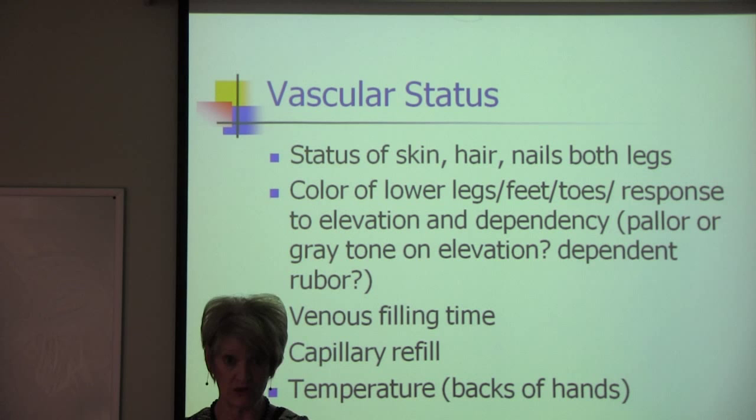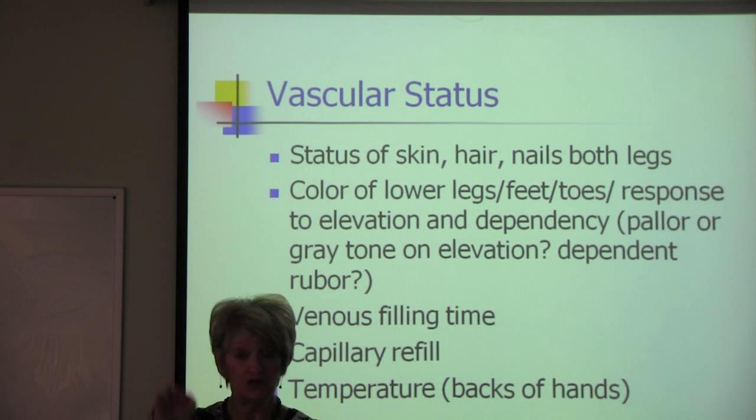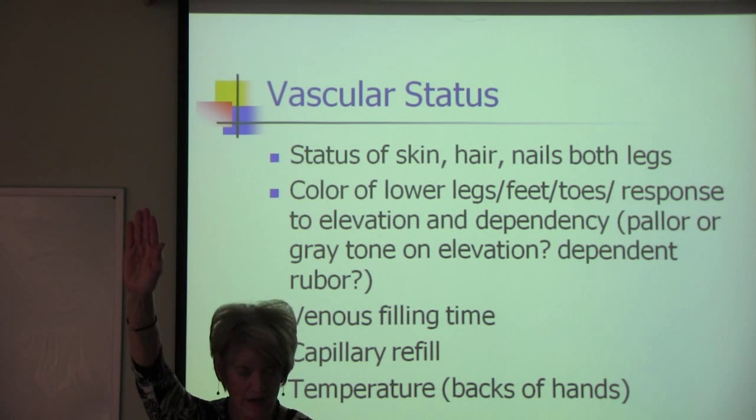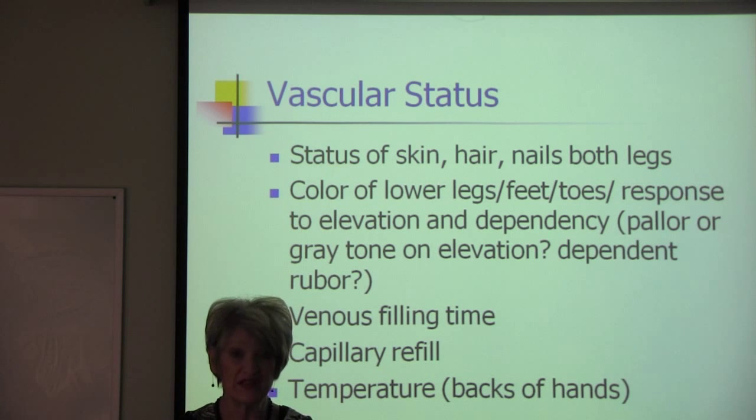So the next thing you're going to do, assuming that you have the client in a supine position, is you're going to raise the leg and you're going to observe for color change. When you raise the leg, do you see pallor? Do you see cyanosis? Do you see a gray tone? Then you're going to put the leg down. So you're going to sit your client up and put the leg down.